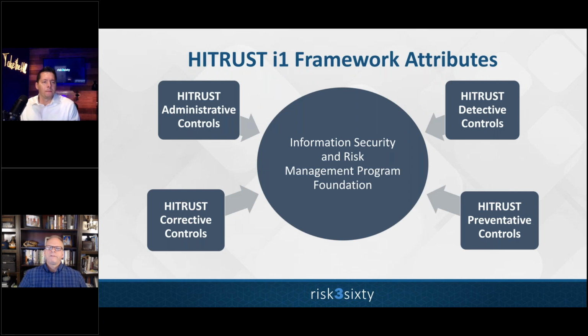Okay, so of course the foundation for a strong information security and risk management program includes implementation of a variety of controls. HITRUST certification demonstrates a well-rounded program that's built on a category of controls, including administrative controls such as governance, policies, and training, also detective controls such as security information and event management systems, however you pronounce that acronym, and threat intelligence managed by the Security Operations Center.